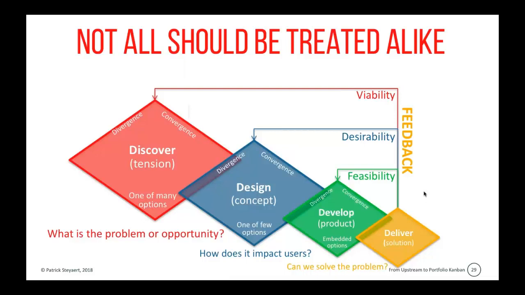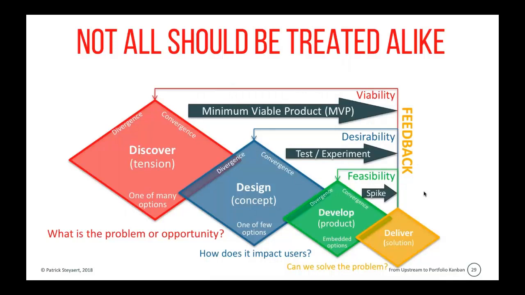In the meantime, we've discovered that for some demands it's clear what the problem or opportunity is, but this is not the case for all demands. For some demands, the problem or opportunity is unclear. So we need to organize for very short feedback loops, maybe in the form of a minimum viable product.